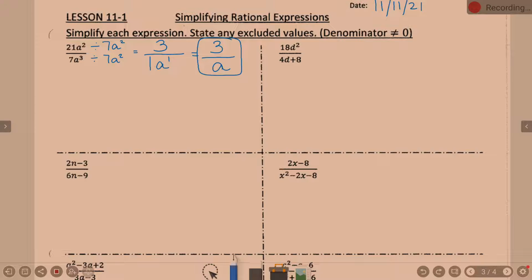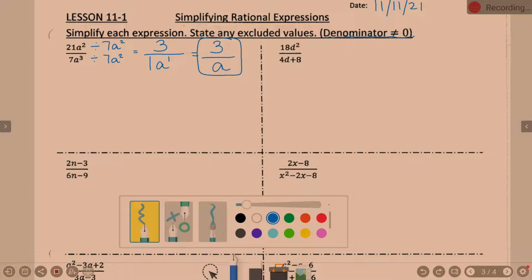When the denominator is 0, right? So this is your hint that we're going to set the denominator equal to 0 to find those excluded values, because ultimately the denominator cannot be 0.